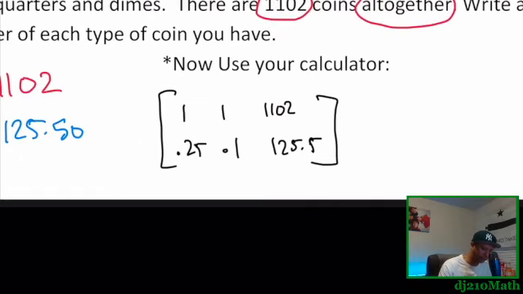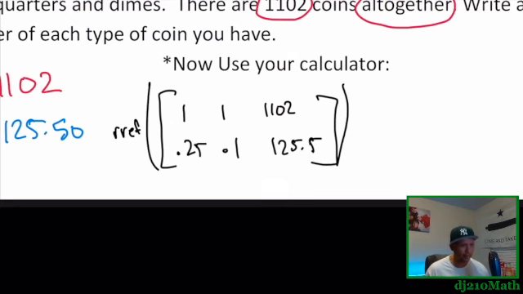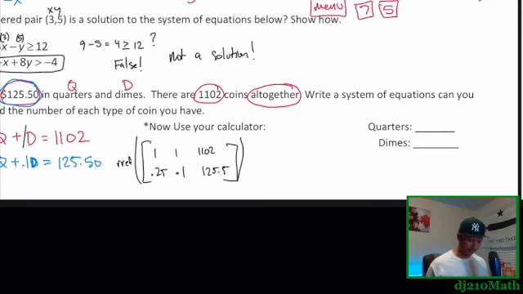We go to our calculator, RREF, menu 75, whichever weapon you like, and we hit it. Feel free to pause the video. Plugging it into the Inspire, you get the answer 1, 0, 102, 0, 1, 1000. So this means which one's a quarter and which one's a dime.